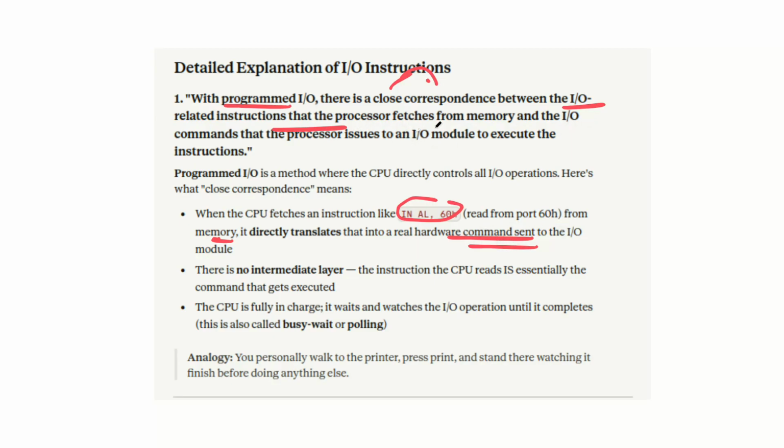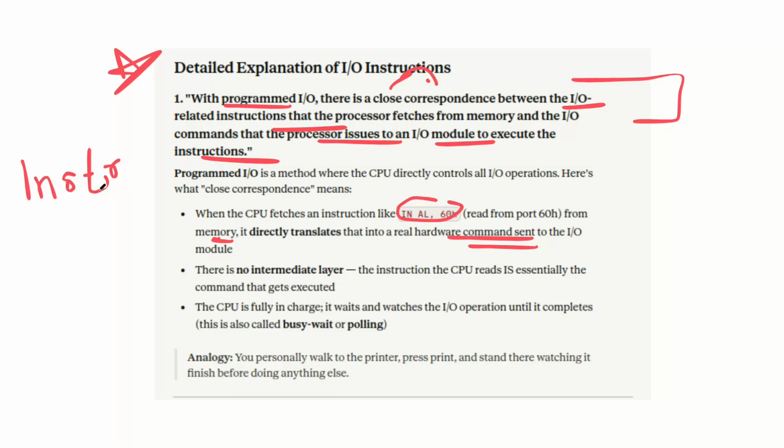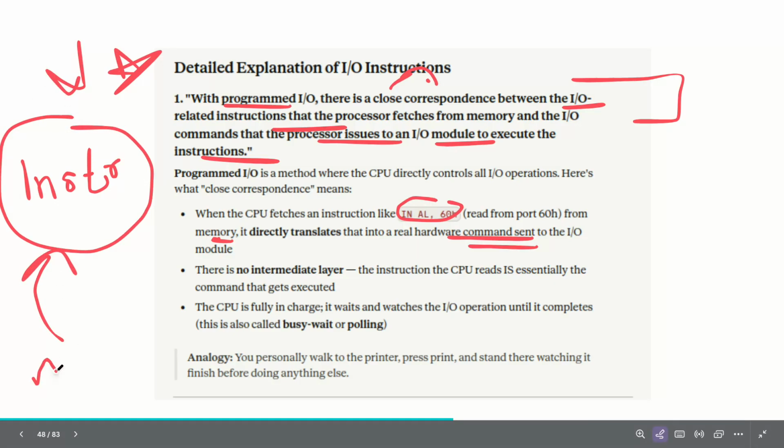It means they are kind of the same. Okay, it is in close correspondence with the IO command that the processor issues to an IO module to execute the instruction. This sentence just means: the instruction the CPU is getting, from where? Okay, the CPU is getting it from the memory.